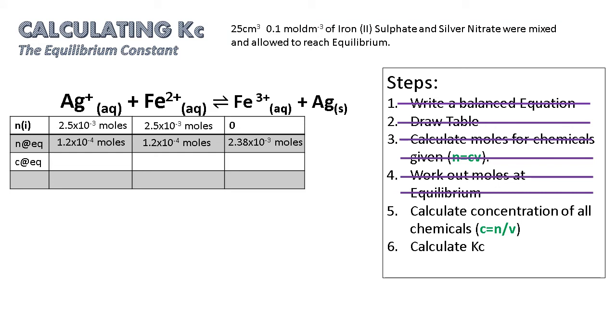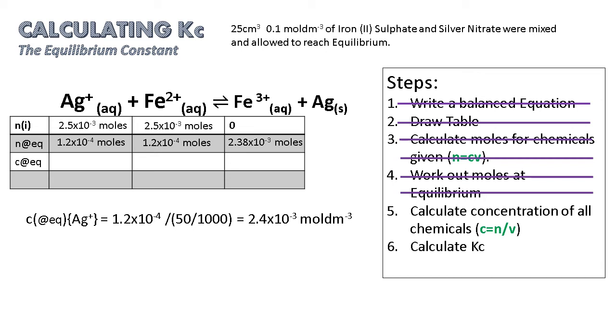So now we must calculate the concentration of all the chemicals using the formula c equals n over v. As you can see at the top, the box has changed back to the original one, and we have the original part of the question that we had earlier on. So to calculate the concentration of Ag+ at equilibrium, we do 1.2 times 10 to the minus 4, which is the moles at equilibrium, divided by 50 divided by 1000.